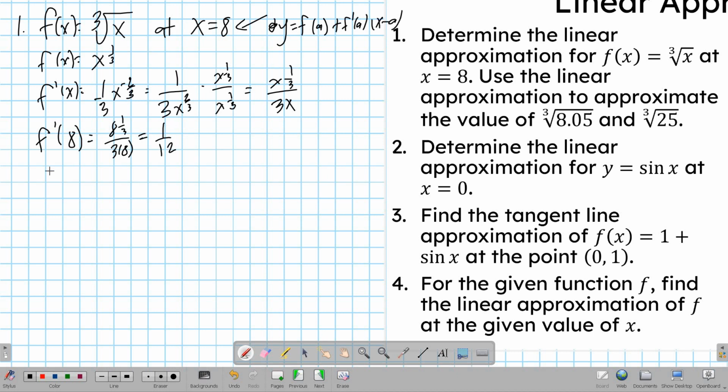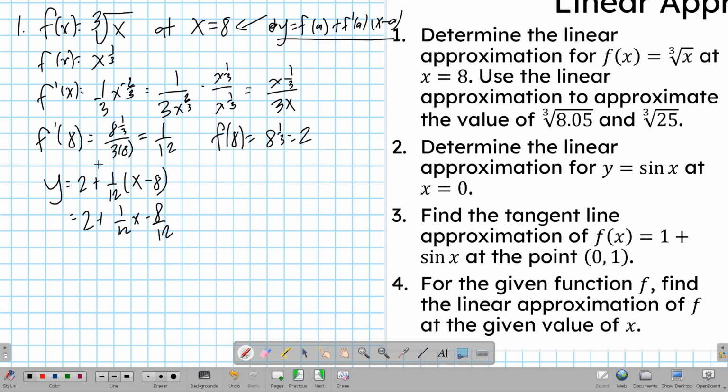We know that f of 8, which is 8 raised to 1/3, is 2. So placing it here, we're going to have y is equal to 2 plus 1 over 12 times x minus 8. Fixing this equation, we're going to have y is equal to 2 plus 1 over 12 x minus 8 over 12.